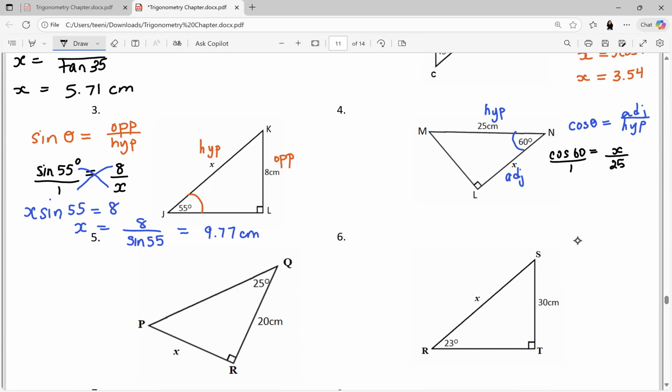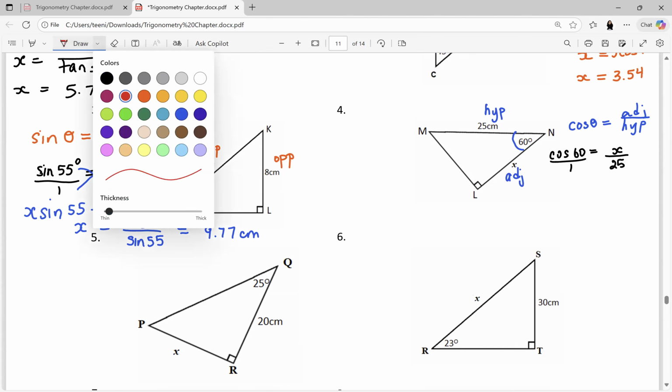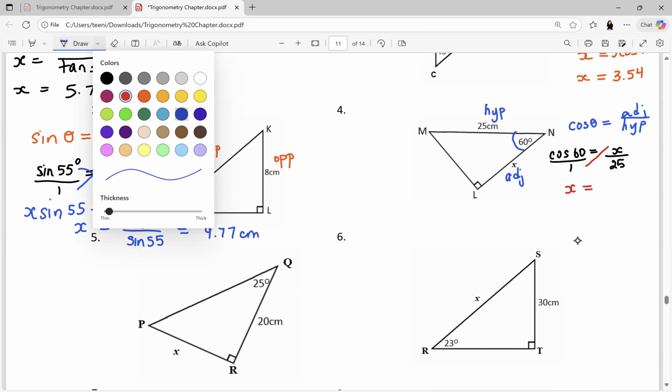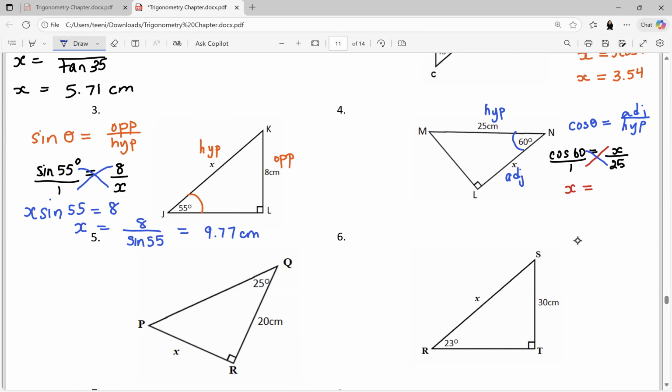In this case, the numerator is the unknown, so you're just going to cross multiply, and it'll end up being x times 1, so you get x by itself, which is the objective anyway, equals 25 times cos of 60. So this answer will be x is equal to 25 multiplied by cos of 60, which is 12.5.